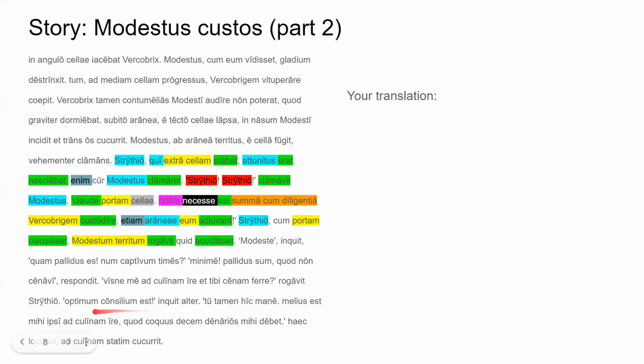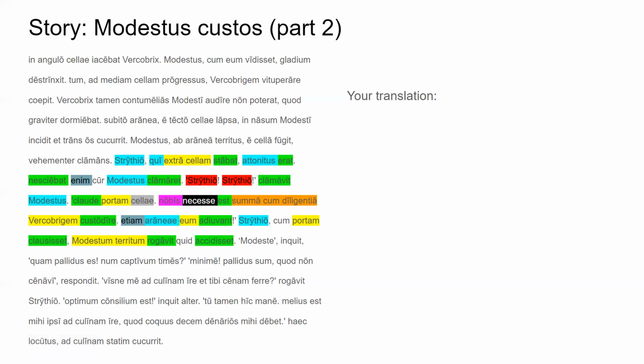It is better for me, myself. That's an intensive pronoun. It is better for me, myself, to go to the kitchen. So it is better for me to go to the kitchen myself. Quod, that is the causal clause, because the cook owes, debet, like debit cards and debt from this, owes 10 denarii to me. So it is better for me, myself, to go to the kitchen because the cook owes me 10 denarii.